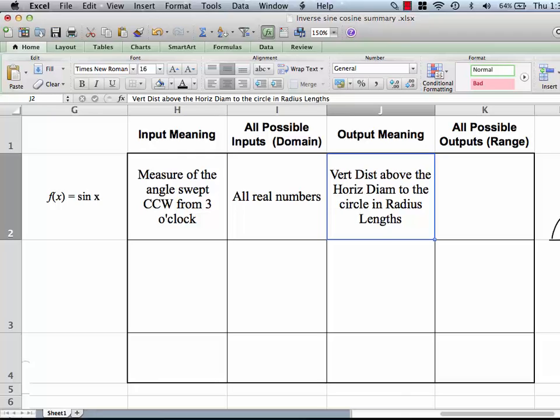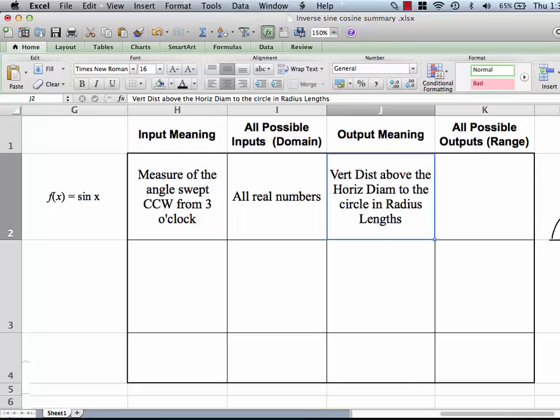So I'm going to add this detail in here that it's been implied all along. The vertical distance above the horizontal diameter to the circle in radius lengths. And we'll see why I'm pointing that out, because we're going to have a new function that's going to be similar but different. So that's one of the differences. So with sine, it's this vertical distance above the horizontal diameter to the circle, where that terminal side intersects the circle, right?